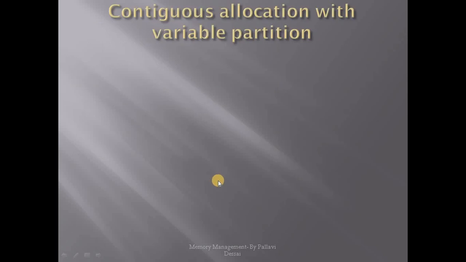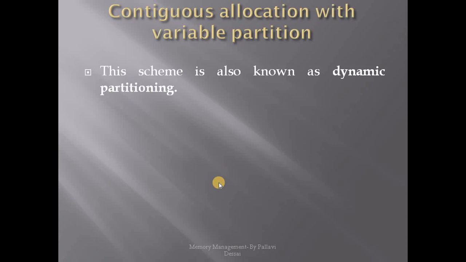Next we are going to see contiguous allocation with variable partitions. This scheme is also known as dynamic partition. Dynamic means keeps on changing. In the previous case, the size of the partition was fixed, but in this case the size of the partition can change.